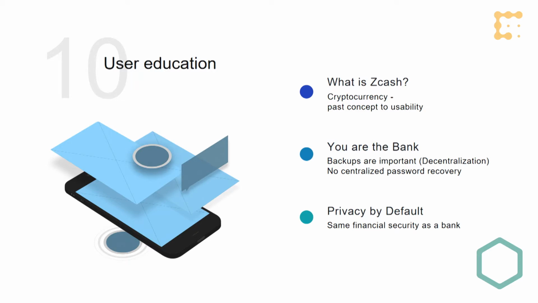We're using it as an opportunity to make sure that people are taking appropriate steps and understanding what being their own bank really means. And we also use it as an opportunity to educate on why privacy is so important and why privacy should be the default feature that people use, especially once we get these mobile wallets into the public.